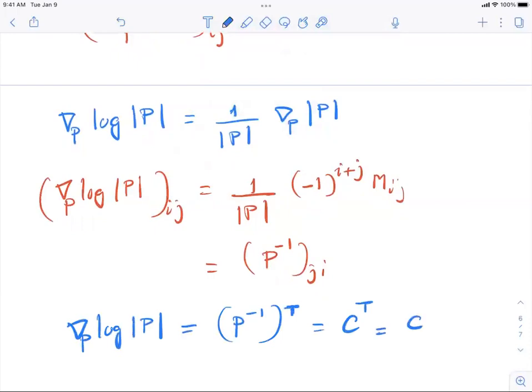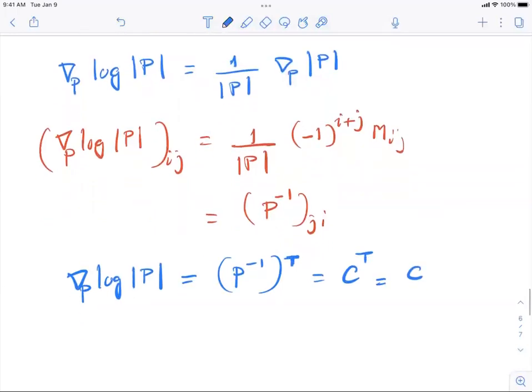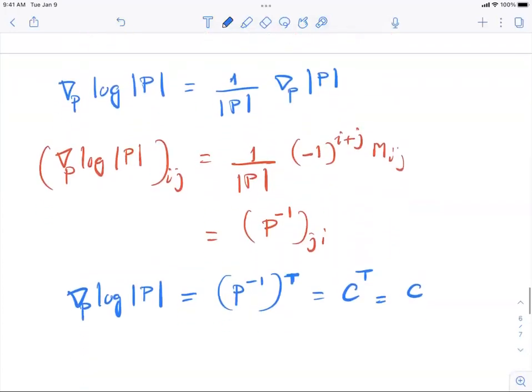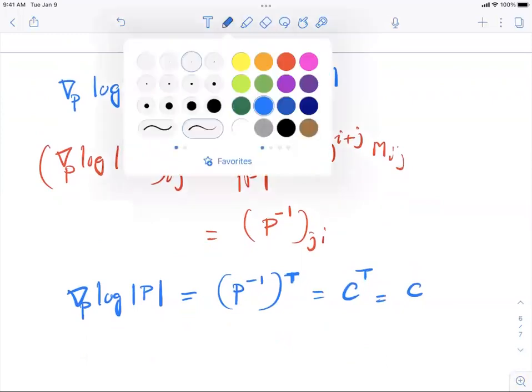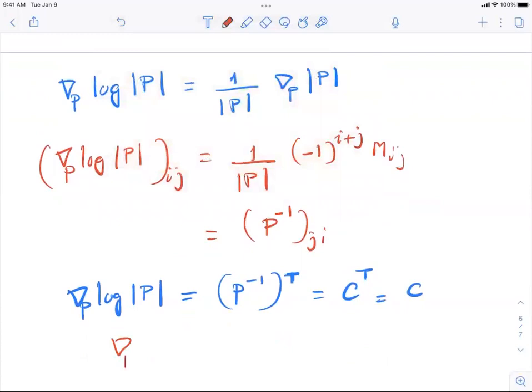The covariance matrix is a positive definite symmetric matrix, so it's just the covariance matrix, or the inverse of the precision matrix, right? So now we've got two facts. You remember we had shown that del P of A transpose PA is AA transpose, the outer product. So these are the two things that we need.